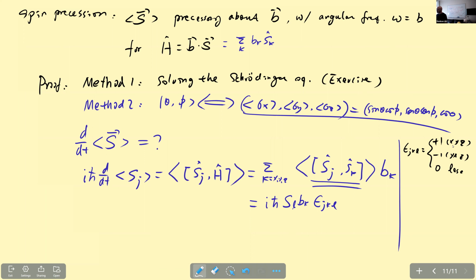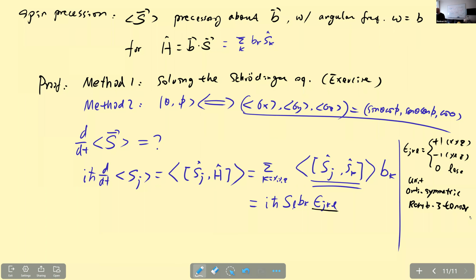Okay. So because if this is x, y, z, that gives 1, right? If it's y, z, that gives y, z, x. Okay. So this one is just called a unit antisymmetric rank 3 tensor. Don't care about this name, okay?